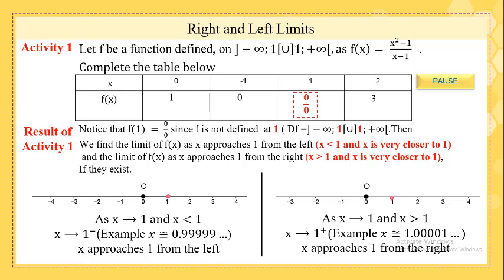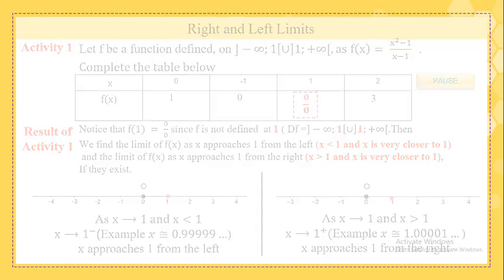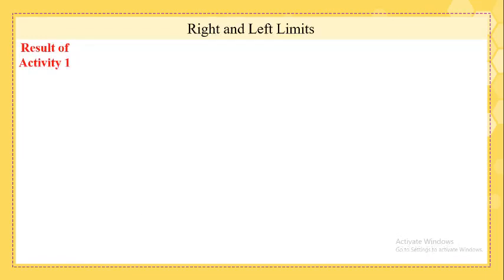We say x tends to 1 minus, for example x approximately 0.99999, or x approaches 1 from the left. We say x tends to 1 plus, for example 1.00001, and this is how it approaches 1 from the right.